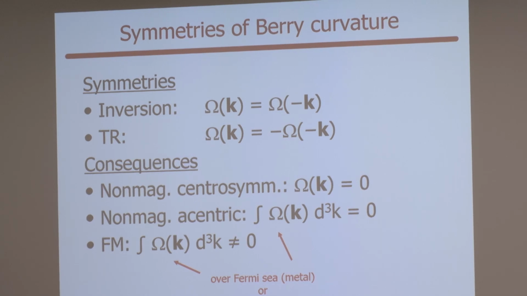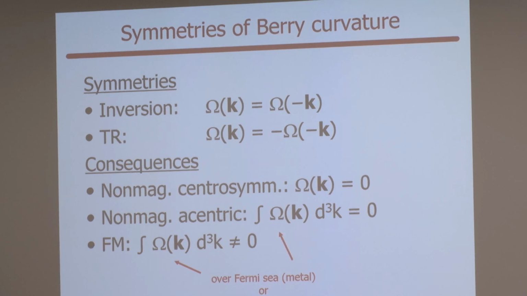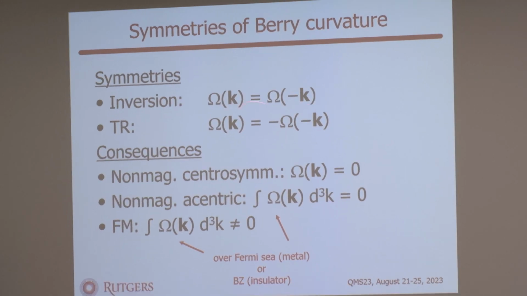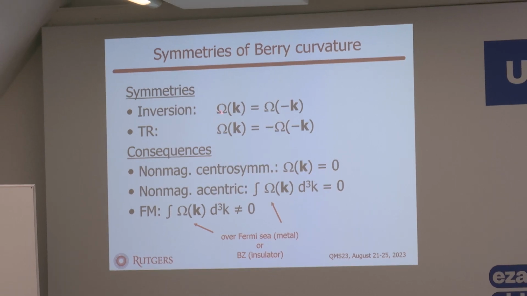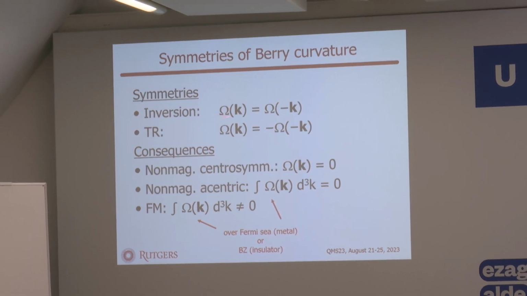But here I'm only talking about the intrinsic contribution. At this point, it's worth stopping to emphasize the symmetries. In the Brillouin zone, the Berry curvature does not flip sign under inversion.